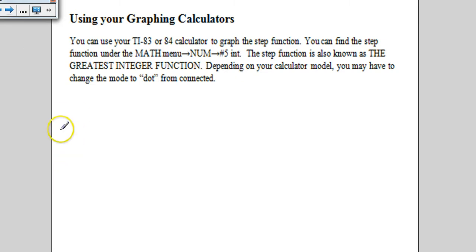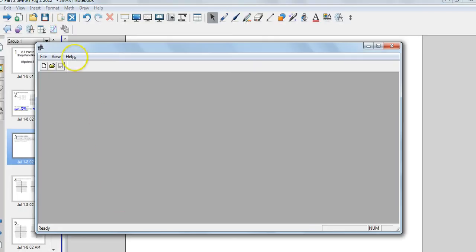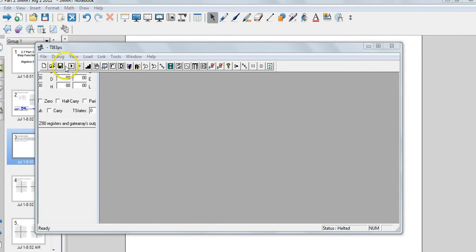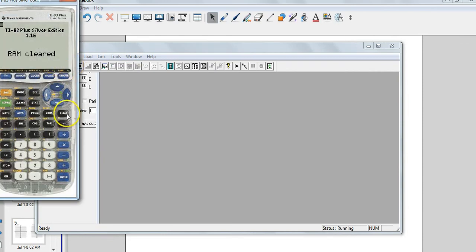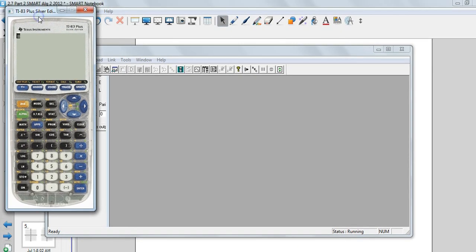So first thing we're going to have to do is open up our calculator. I'm going to have to minimize my screen here. And when you go to your calculator, we're going to graph. So I want you to go to y equals. Okay, let's go to y equals.